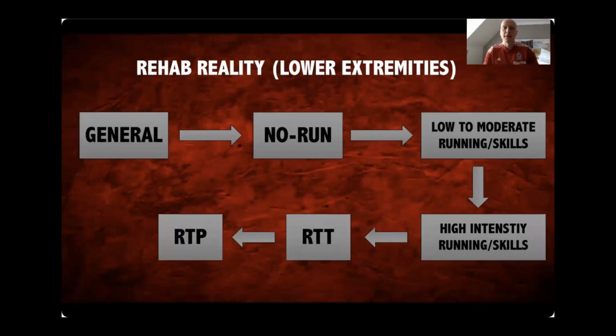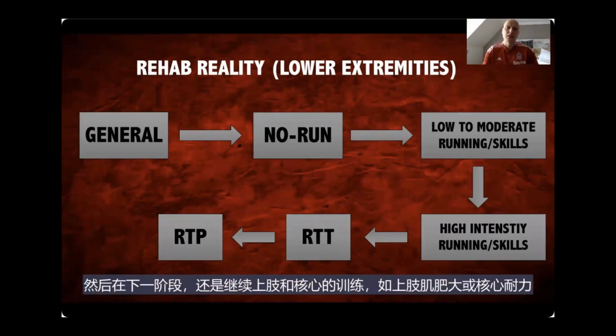So in the first phase of a lower extremity injury, when the injury happens, the general protocol is that we work on everything but the lower extremities. It can be a lot of core and upper body exercises, and so on.